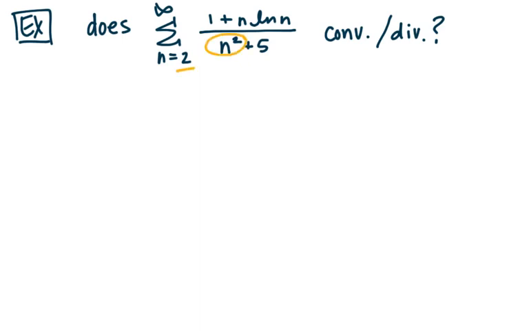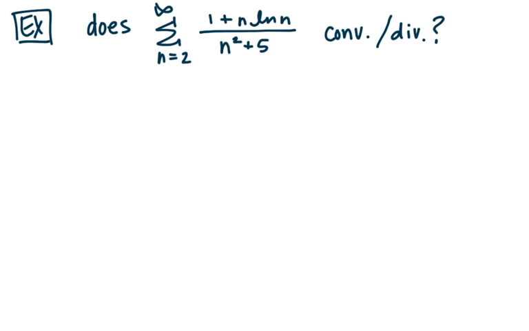We're always dealing with a positive n, so n squared is a positive number, plus 5, another positive number. 1 is always positive. This n here is always going to be 2 or greater. And the natural log of n is always going to be a positive number. So the natural log of anything past 1 would be a positive number.